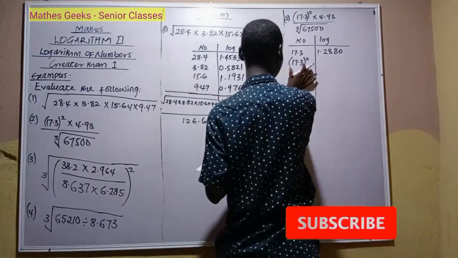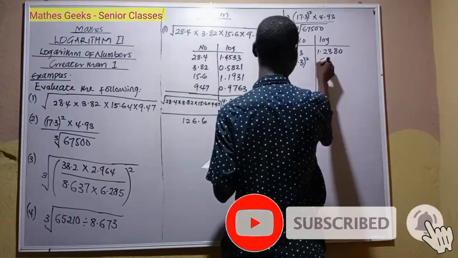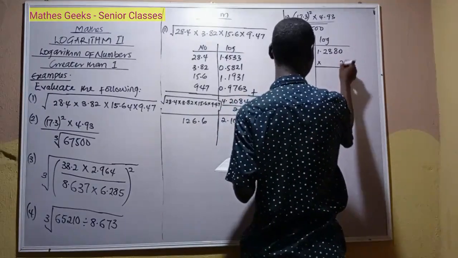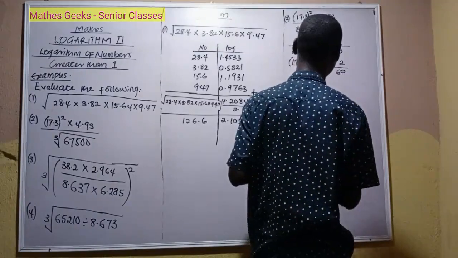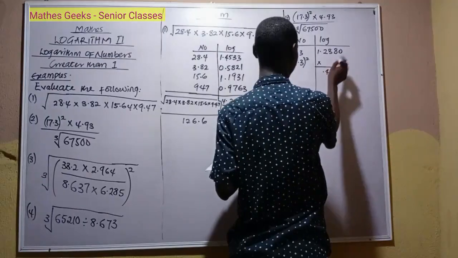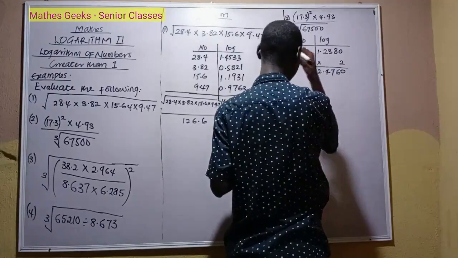When you raise it to power 2 here, we are going to multiply it by 2. So 2 times 0 equals 0. 2 times 8, 16, carry 1. 2 times 3 is 6 plus 1, 7. 2 times 2, 4. Plus 2 times 1, 2.